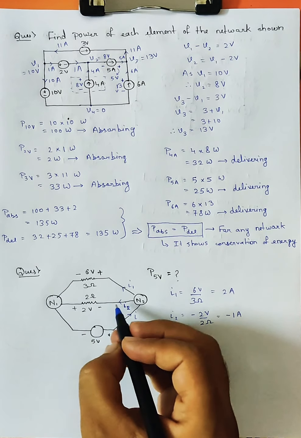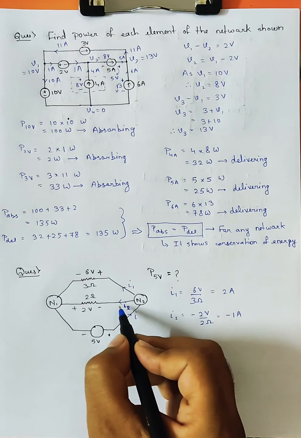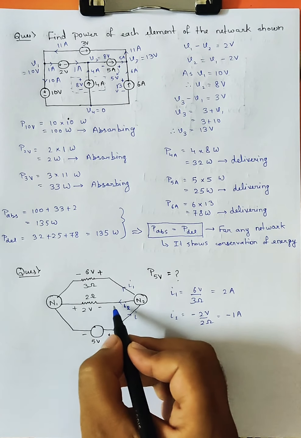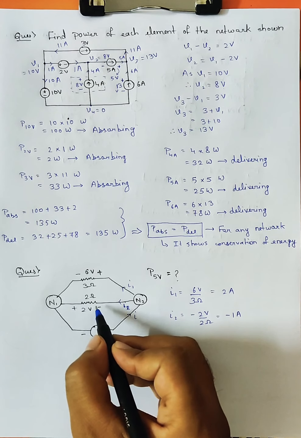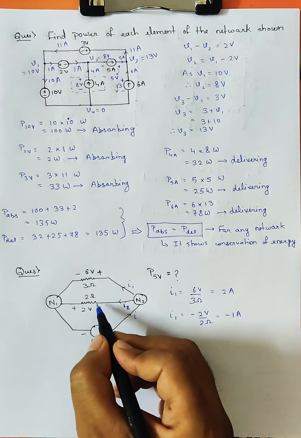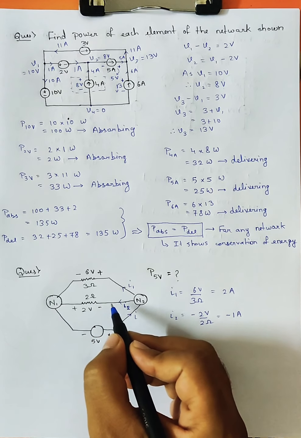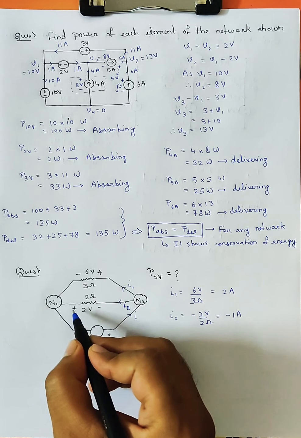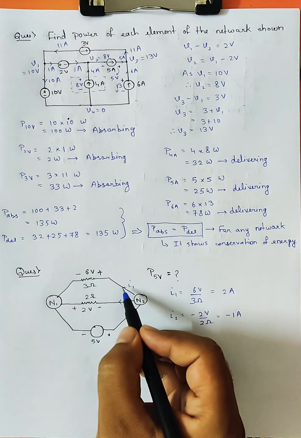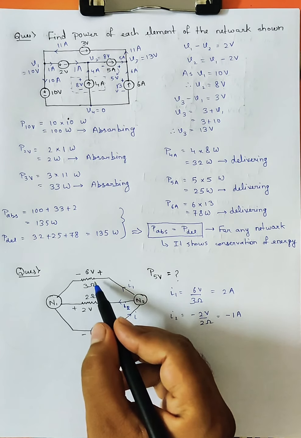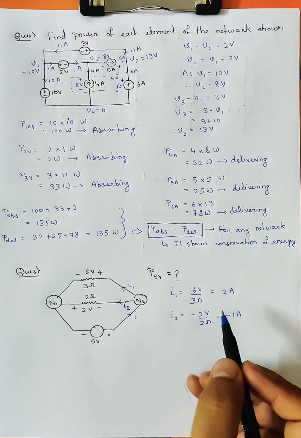I have put minus as the current is coming towards the negative terminal of a resistor. A resistor is a heating load, so the current always goes towards the positive terminal. So I have put minus here. In this case, I1 is going towards the positive terminal, so no need to put any minus.